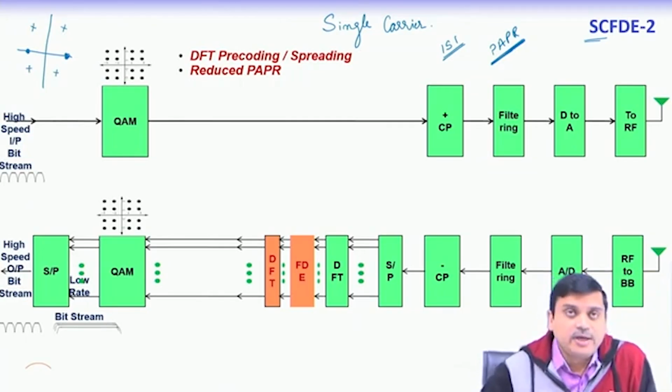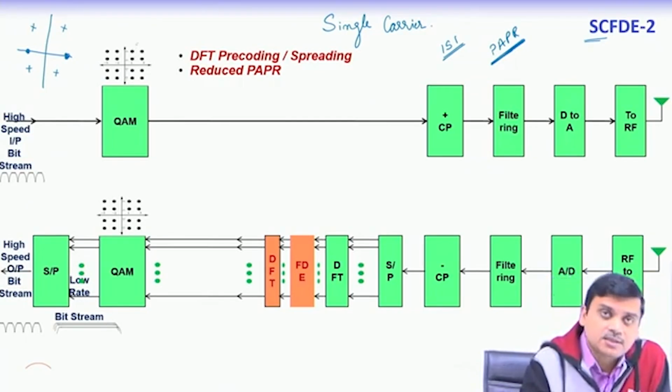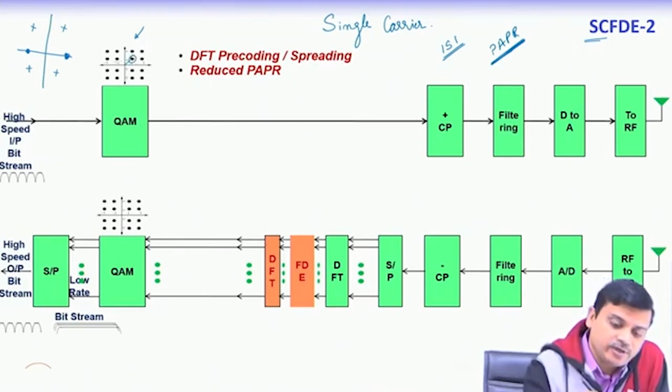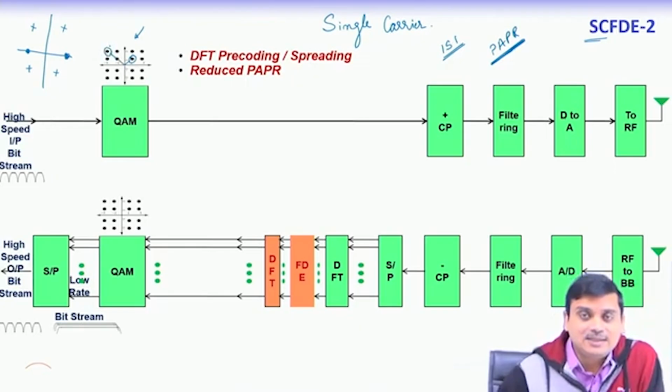But if we go for the next higher order modulation, as given in this particular picture, what you see is that the amplitude of this constellation point is different from the amplitude of this constellation point. So, the constellation itself brings in a peak to average power ratio.